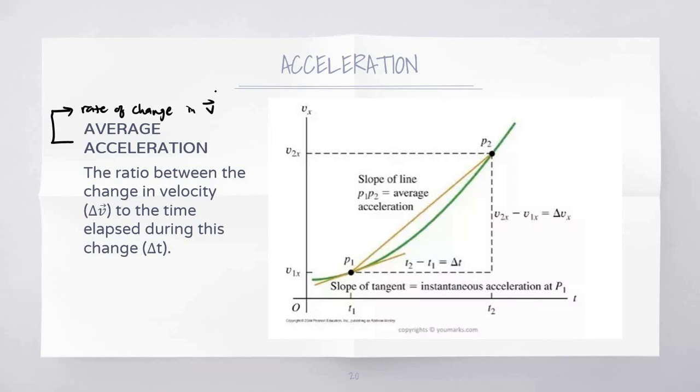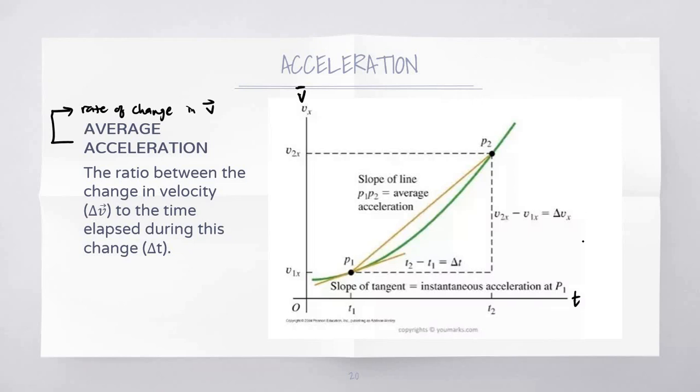It's simply the ratio between the change in velocity, delta v, to the time elapsed during this change. Again, the y variable in our graph would be the velocity, and the x variable in our graph will be the time variable.